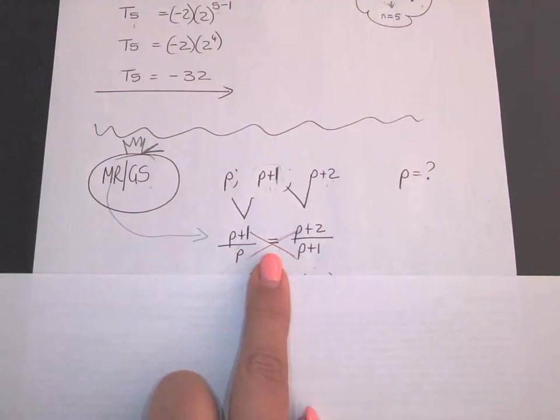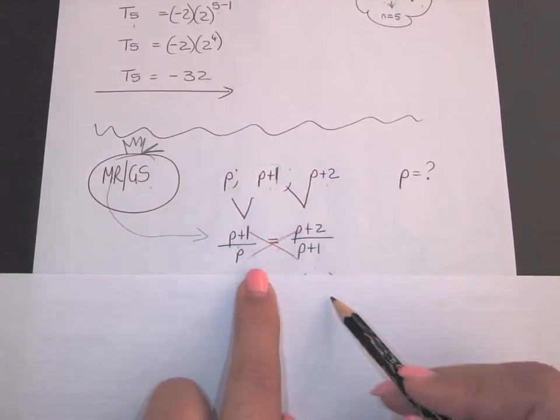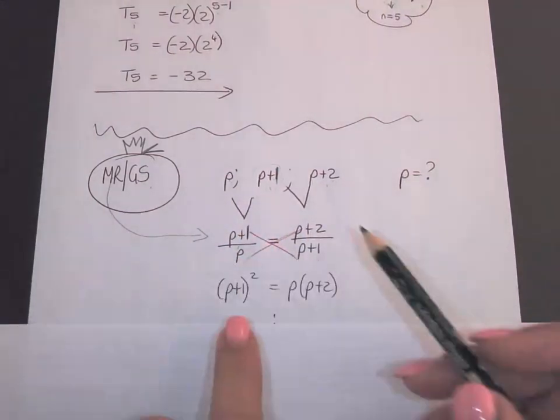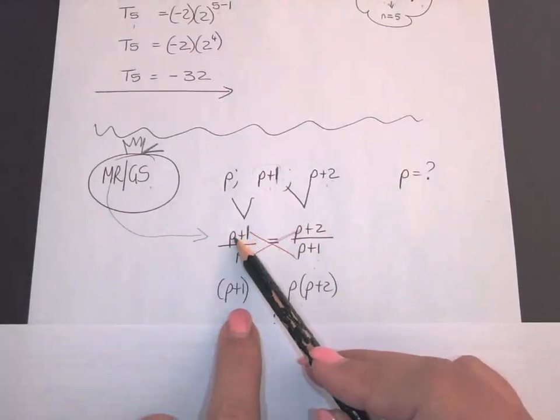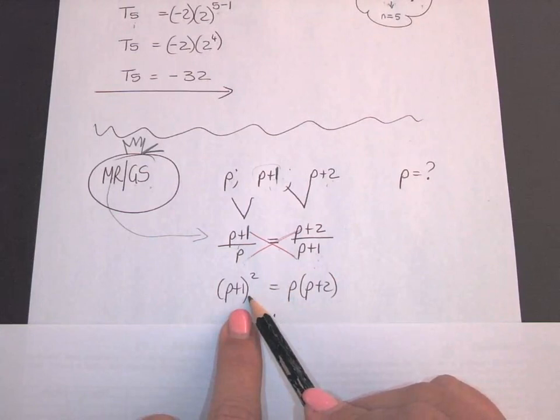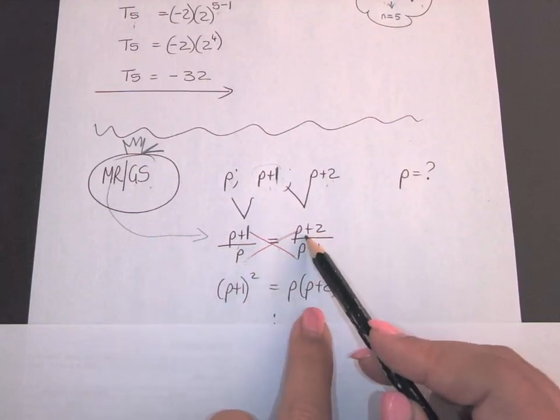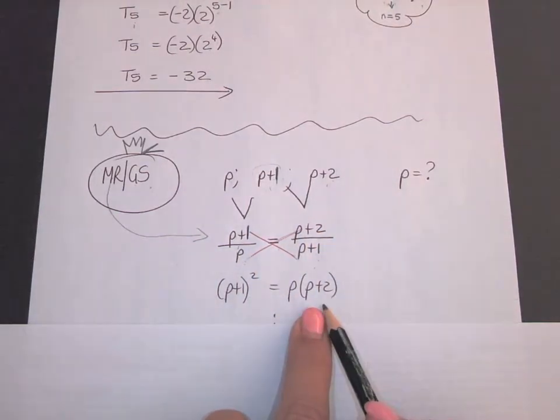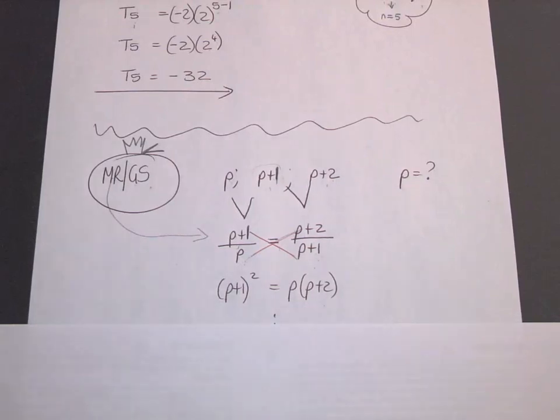And how do I get the answer? You cross multiply. So therefore you'll get p plus 1 times p plus 1 gives you a bracket squared. And p times p plus 2 gives you this. Okay, I'm not going to do the sum, I just wanted to show you what you should do if you get a sequence with variables.